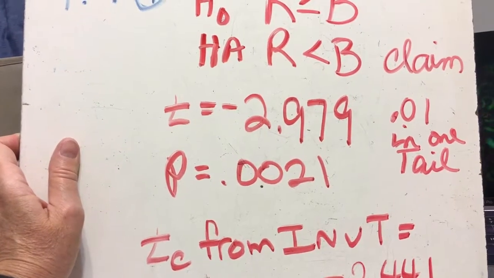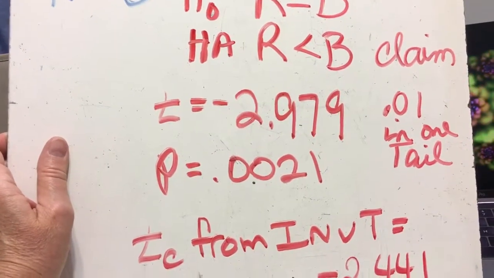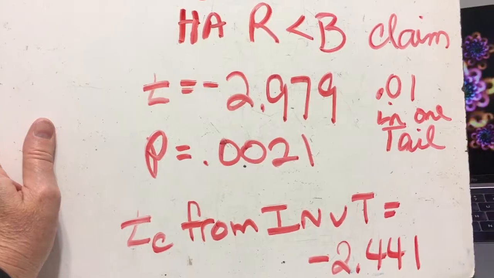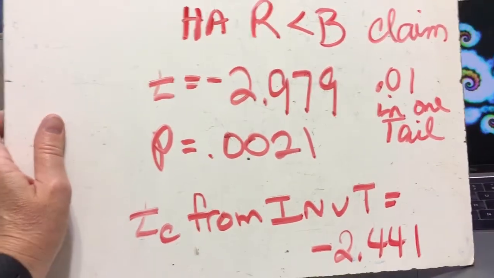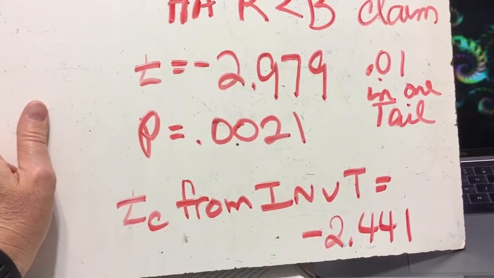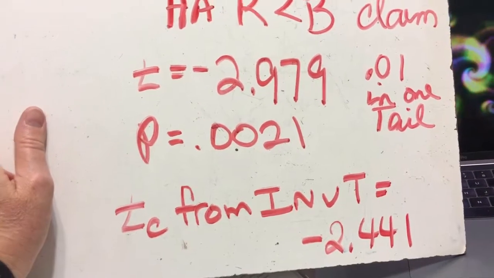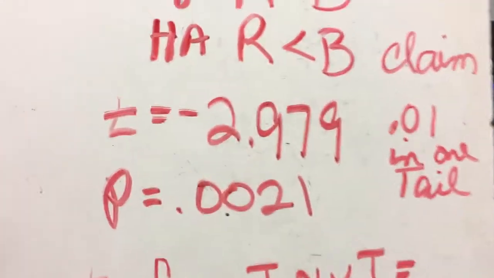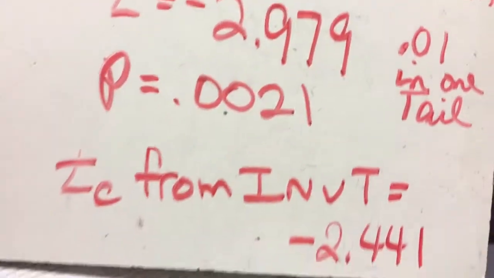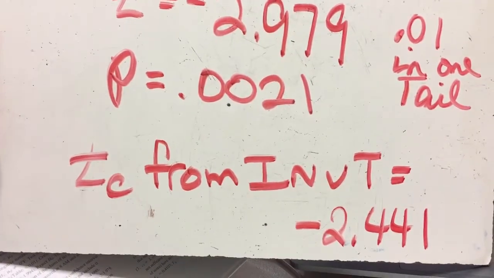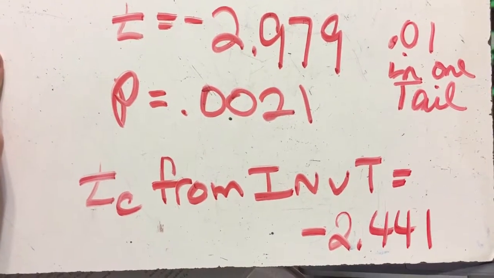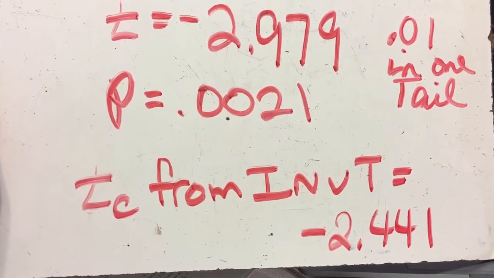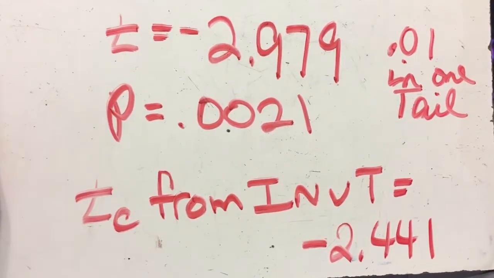I take the smallest one and subtract 1 from it, and I got 34. So I put in inverse t, and in the parentheses I put 0.01 because that's in one tail, comma 34 because that's my degrees of freedom. And I got negative 2.441, which is correct according to the book.